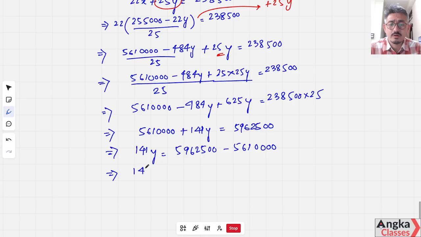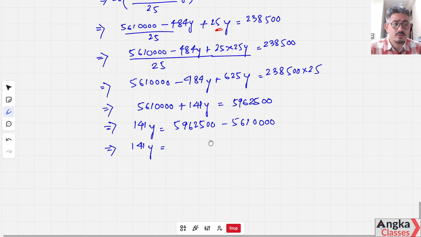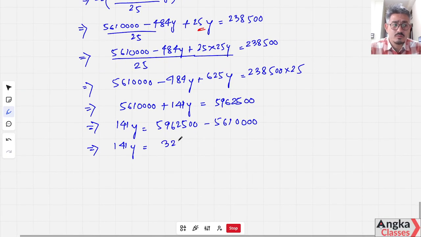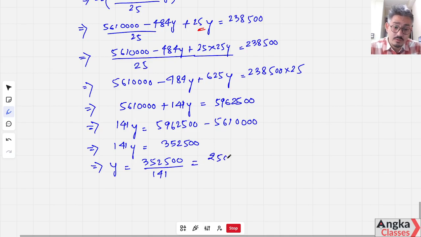So we have 141y is equal to 5962500 minus 5611234, which gives 352500. So y is equal to 352500 upon 141, which will give you 2,500.